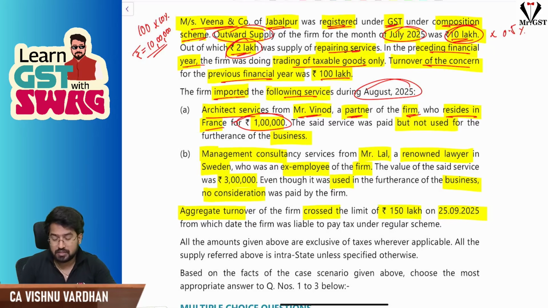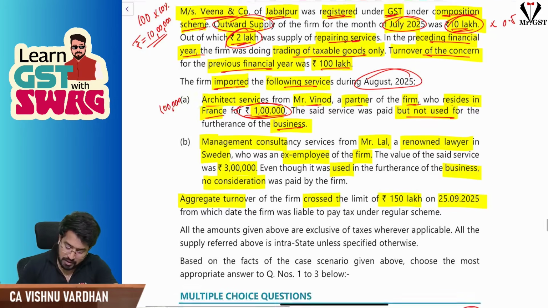This is with consideration and not used for business, whether or not in the course of furtherance of business. To be frank, while reading this question, I have ignored this word 1 lakh. Okay. So the moment they said partner, all these things, and I was tired, all that stuff, and I have ignored that. So again, please be careful with that. So this 1 lakh is the value of supply because there is a question what is the value of supply of imported services?